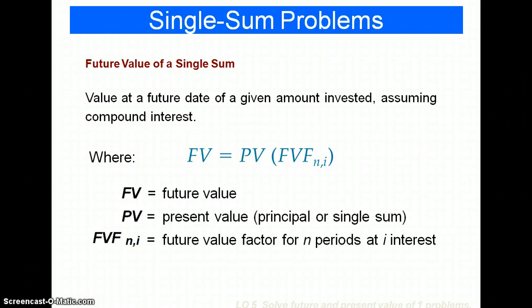The next thing I want to show you is how we could calculate the future value doing the math. This formula says our future value equals the present value times the future value factor. That future value factor was the very first slide I showed you, so let's put that to work.